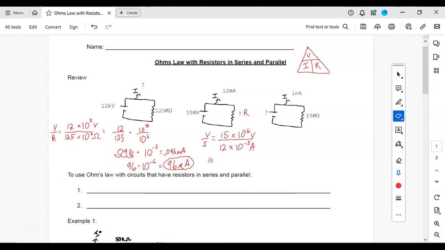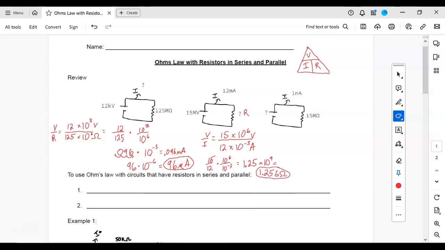So 15 divided by 12 times 10 to the 6th divided by 10 to the negative 3. So 15 divided by 12 is 1.25. And then 10 to the 6 divided by 10 to the negative 3. So 6 minus negative 3 is 6 plus 3. So that would be times 10 to the 9th, which is 1.25 giga ohms.